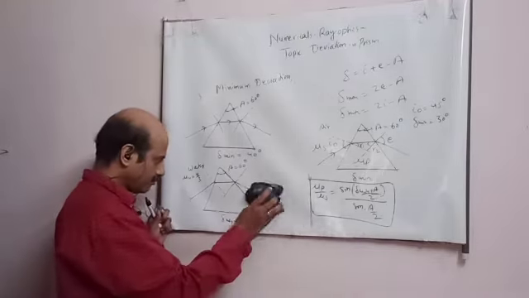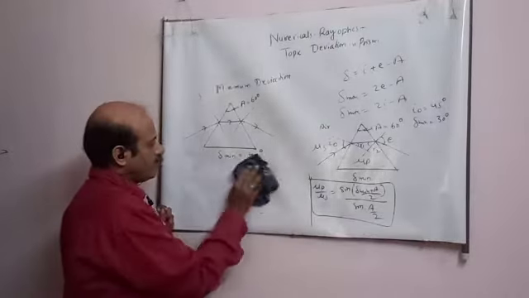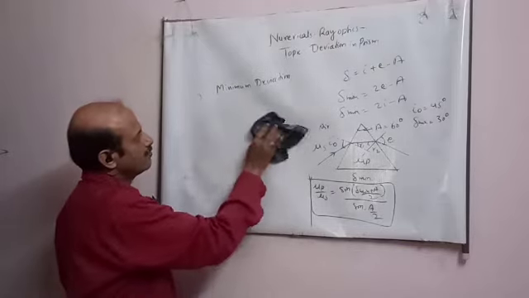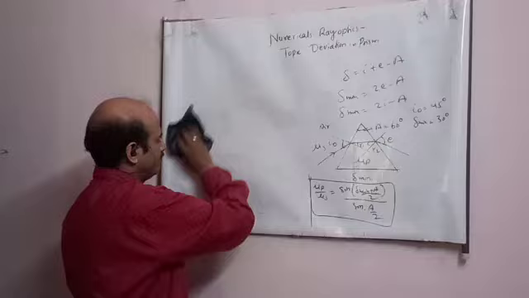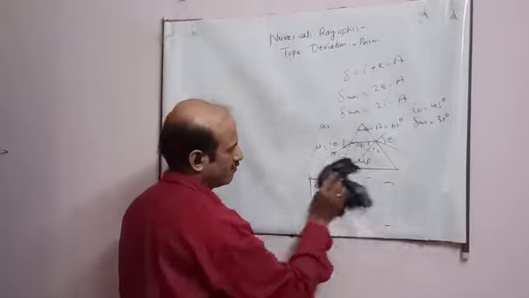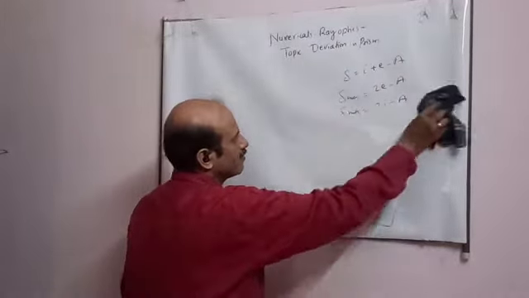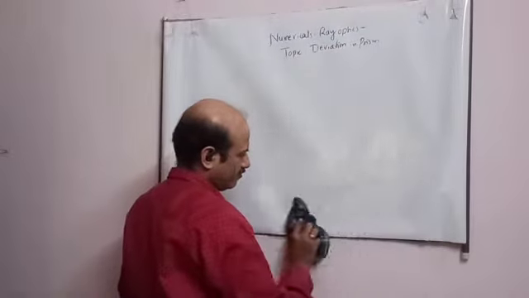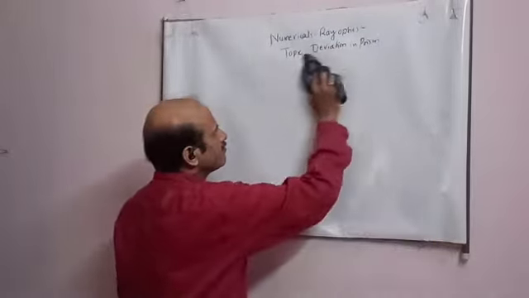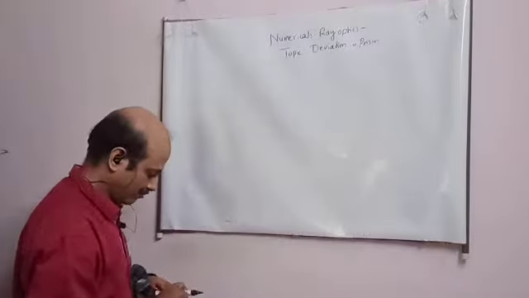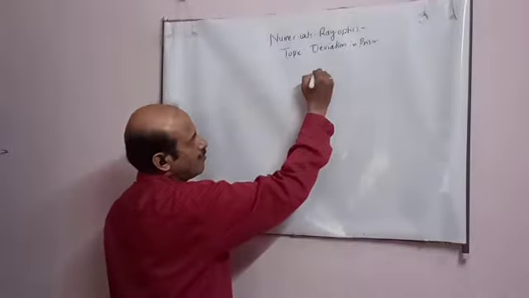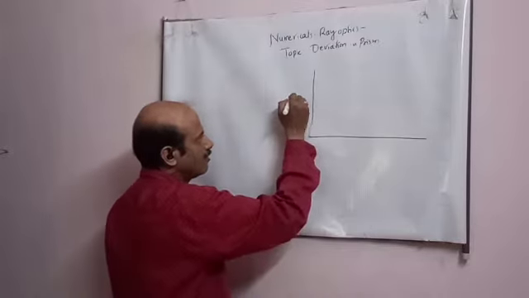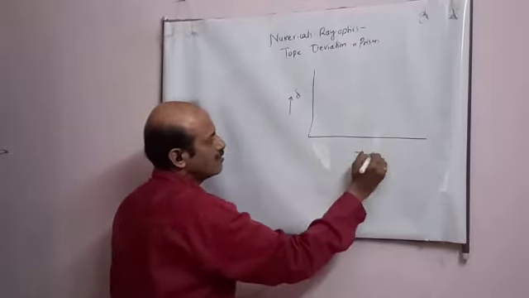Now student, one more very important thing. Now student, about this curve of minimum deviation, this is delta, this is I, okay?